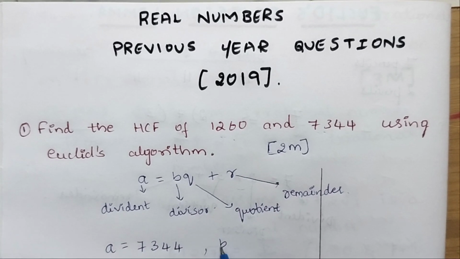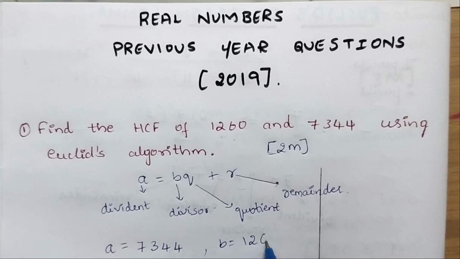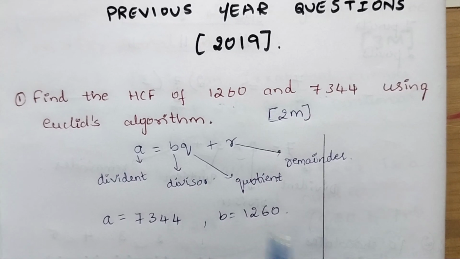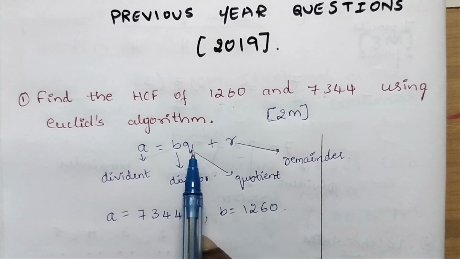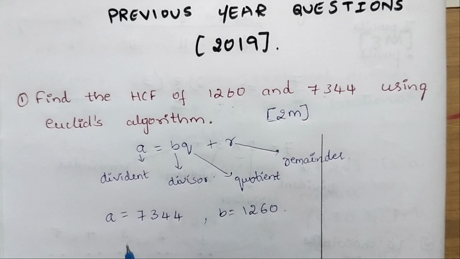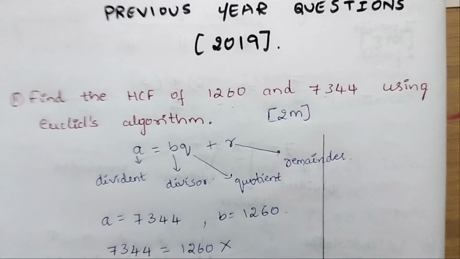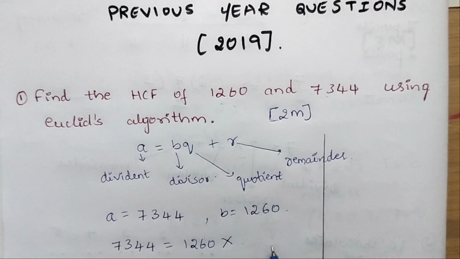So B is equal to 1260. In the general form, A is equal to B into Q plus R. So I can write this as 7344 is equal to 1260 into, I need the values for quotient and remainder.